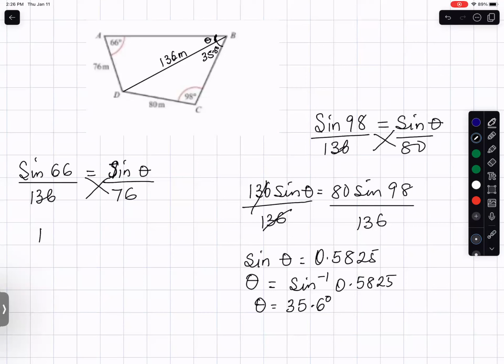I have 136 sine theta gives us 76 sine 66. Divide both sides by 136. So 76 sine 66 divided by 136 gives 0.5105.